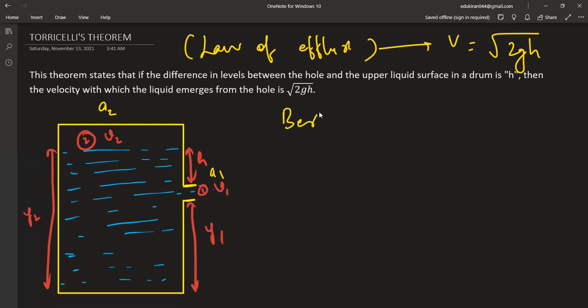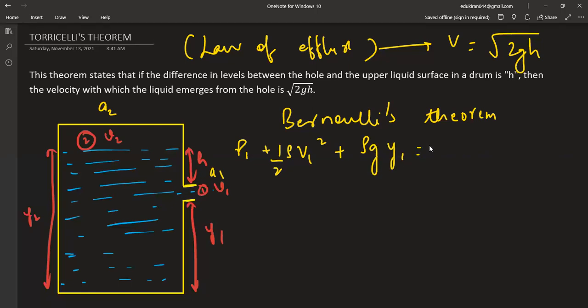See, if I apply Bernoulli's theorem, so P1 plus half rho V1 square plus rho g Y1, for this point. Then for the second one, till the water level, it will be P2 plus half rho V2 square plus rho g Y2.